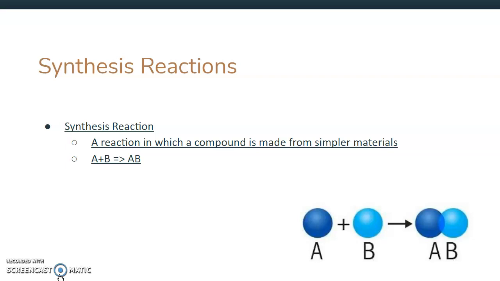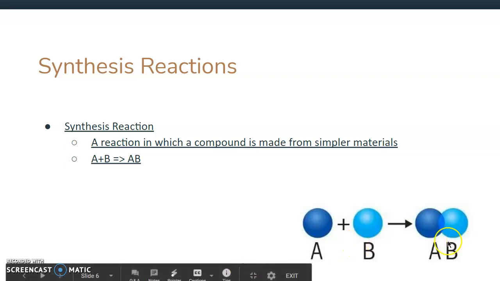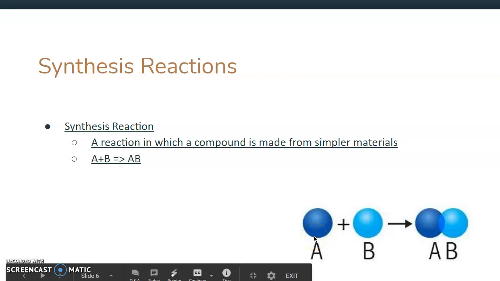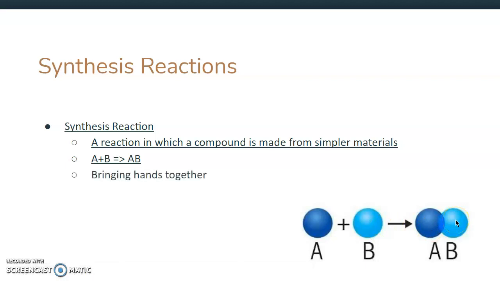When we're looking at this, we have A plus B goes to AB. This is saying that any element, we could pick an element on the periodic table, let's say Na, or sodium, plus, let's pick chloride, Cl, goes together to make NaCl. That is one example.